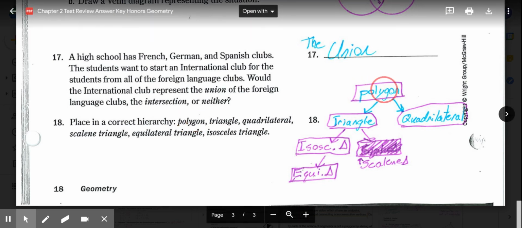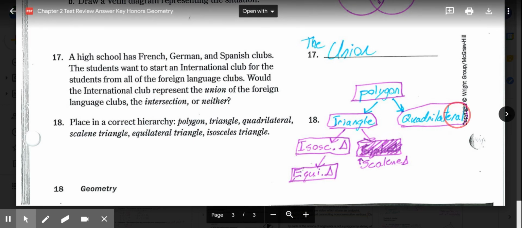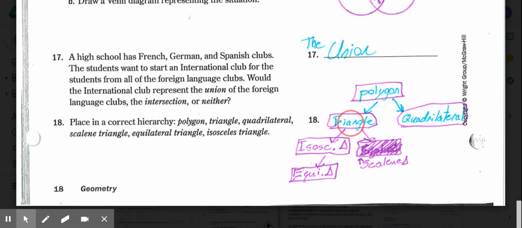So starting with the polygon. A polygon can split into these two general shapes that they gave us of a triangle or a quadrilateral. So then I'm left with my three types of triangles. So under triangle, that could split into isosceles triangles or scalene triangles.